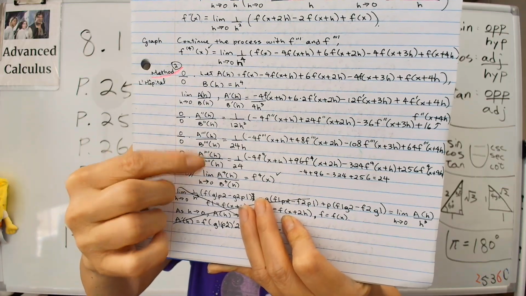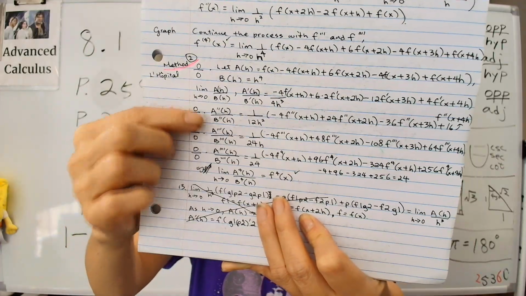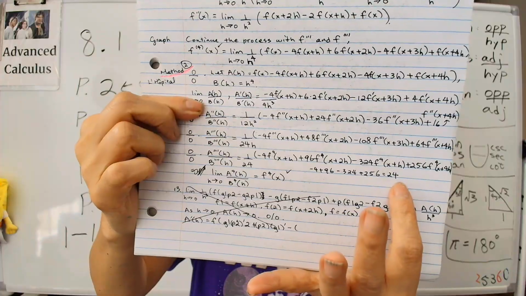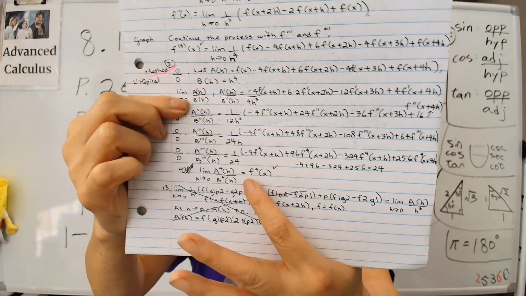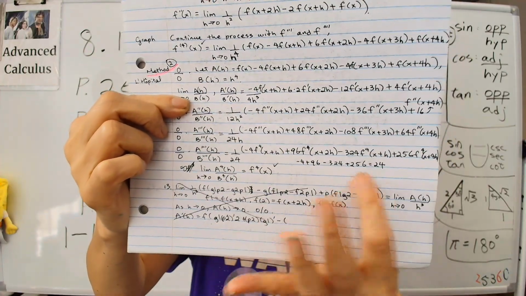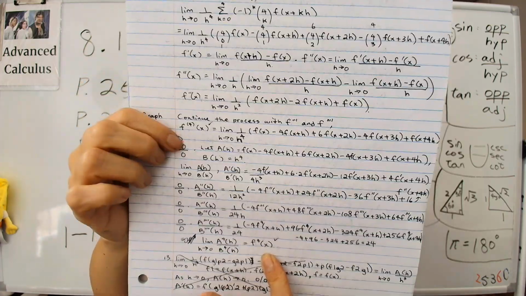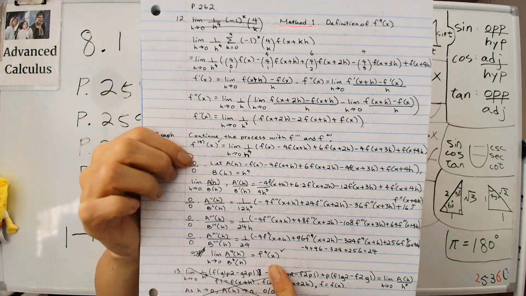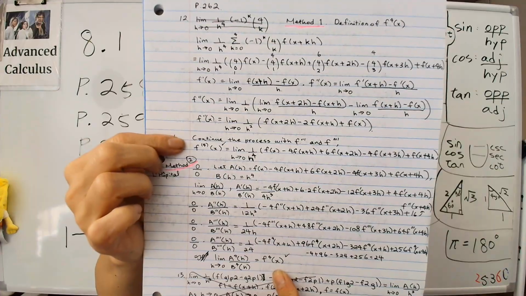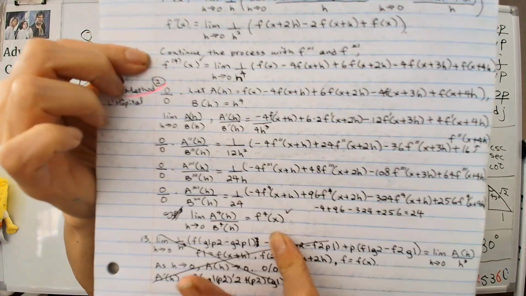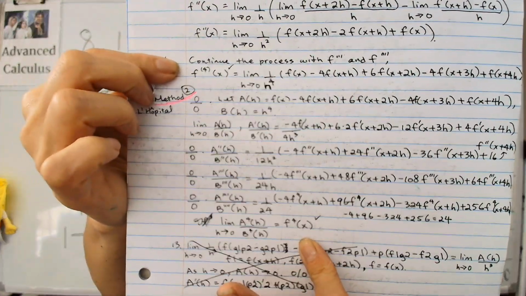If we let h go to 0, the numerator ends up being 24 f to the fourth of x. So 24 divided by 24, we have just one left. So that all works out nicely. But that is how this can be done with L'Hopital's rule. Okay, I will put it a little closer so it looks better.